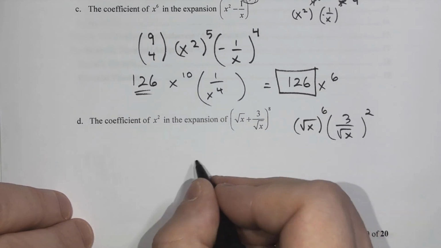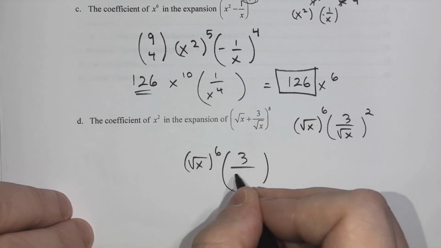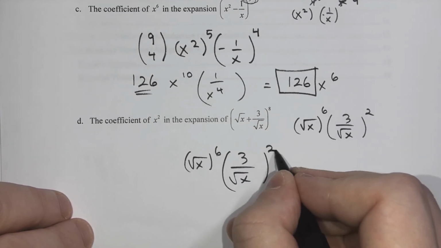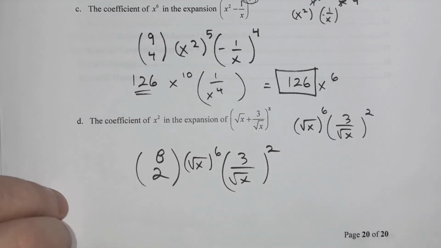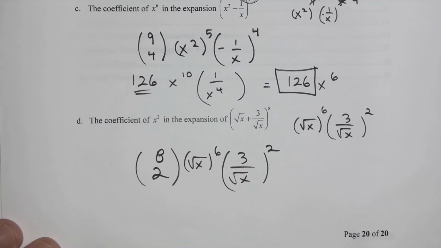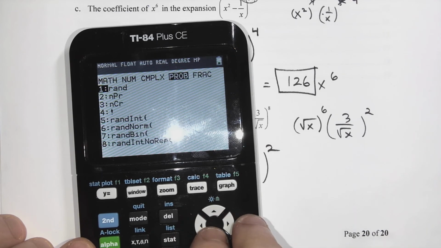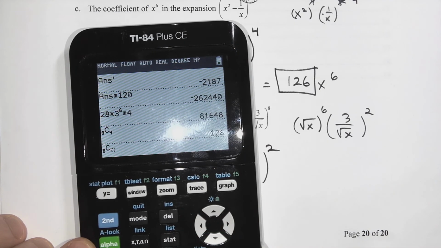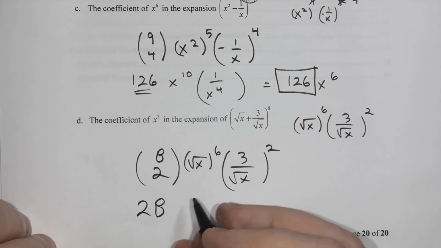So, radical x to the 6th, 3 over radical x to the 2, 8 choose 2, 28.